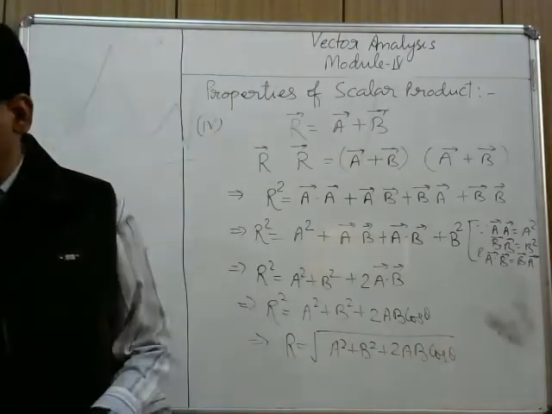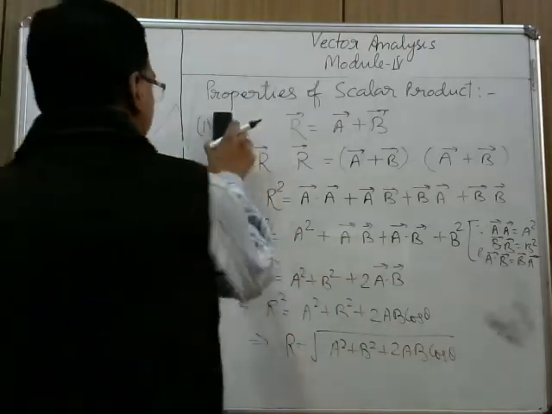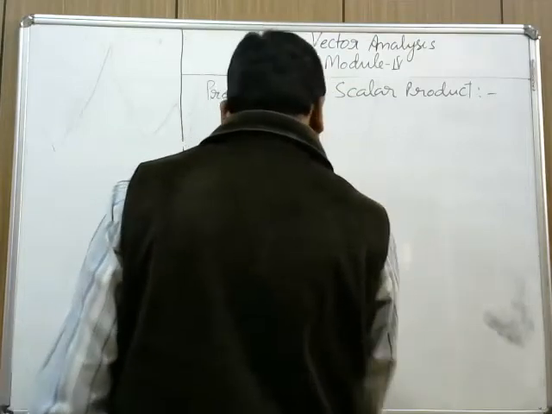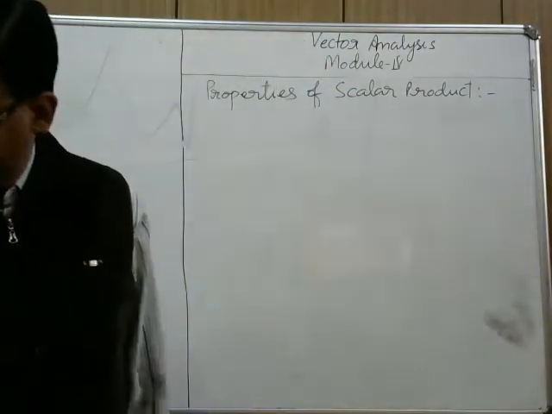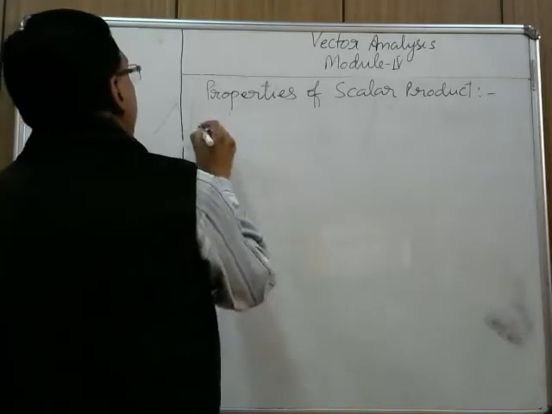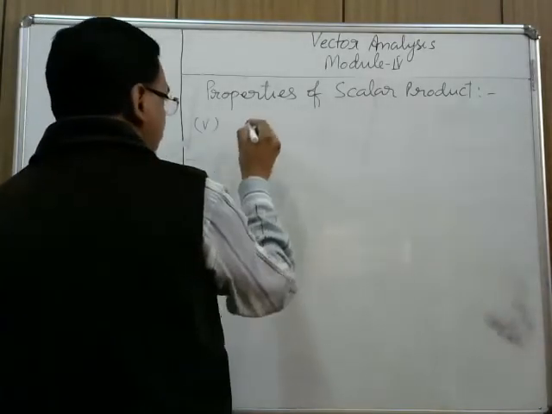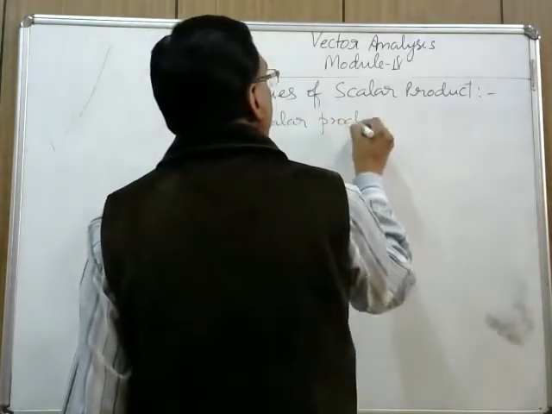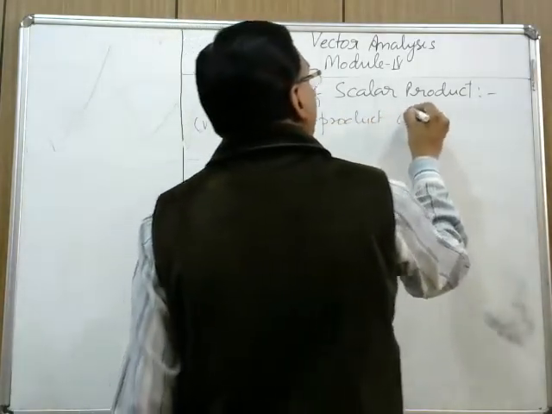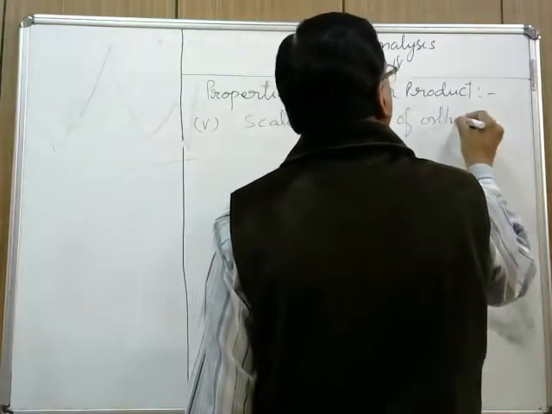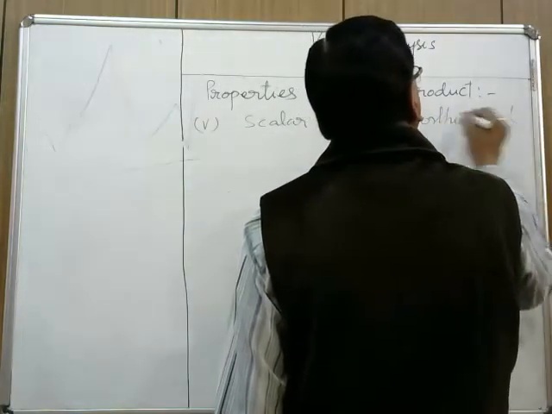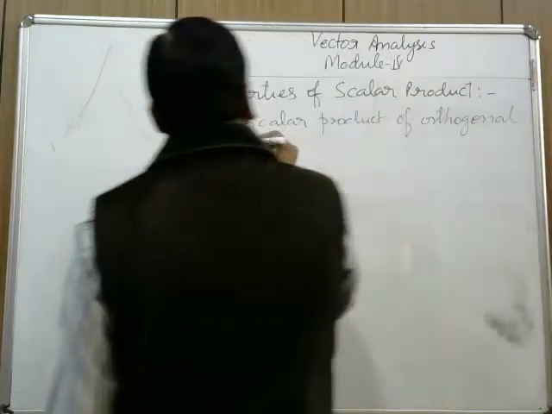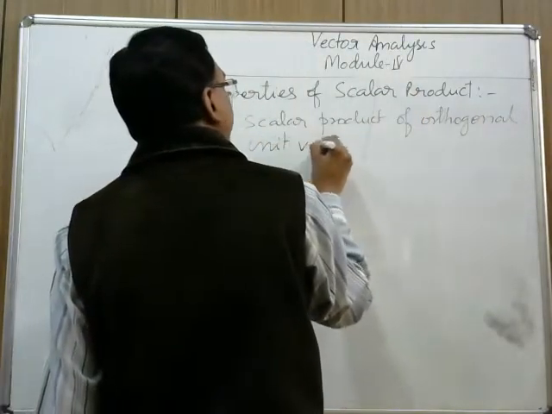Next property: scalar product of orthogonal unit vectors.